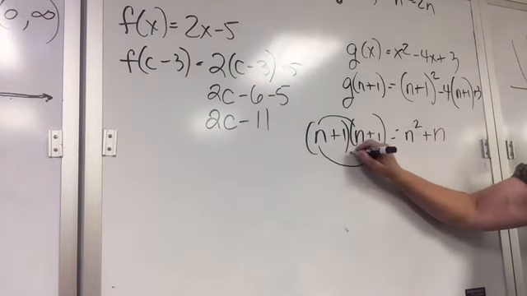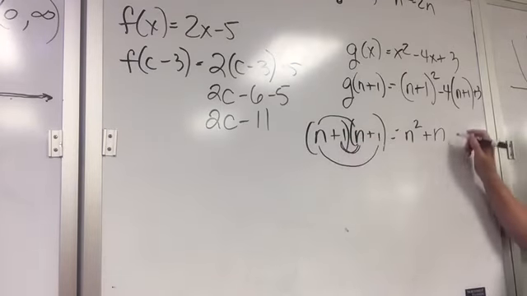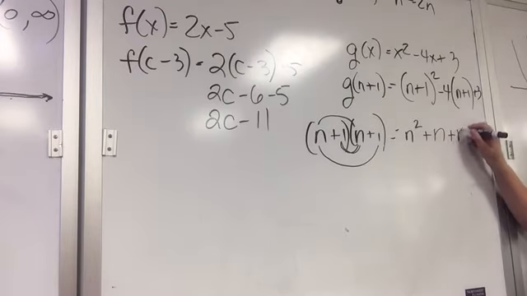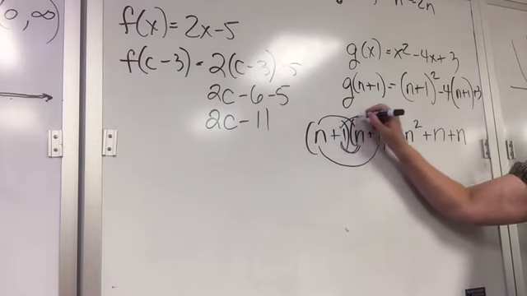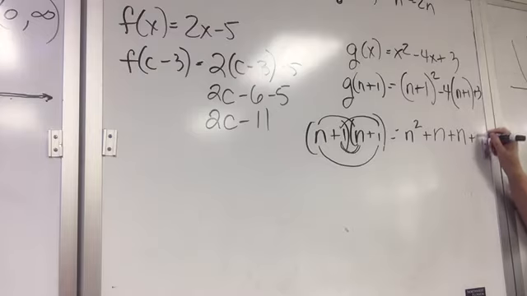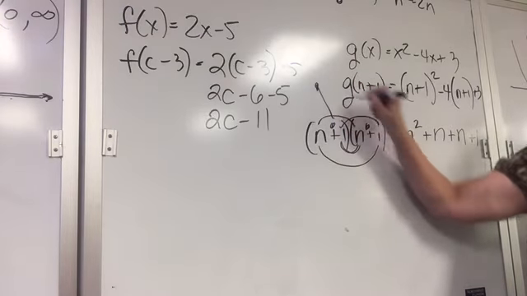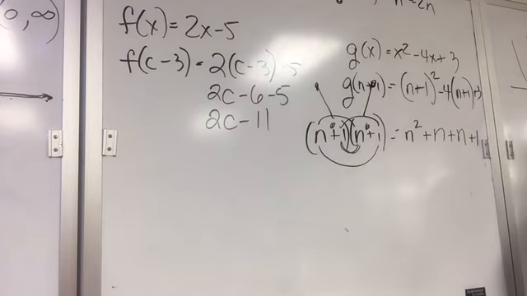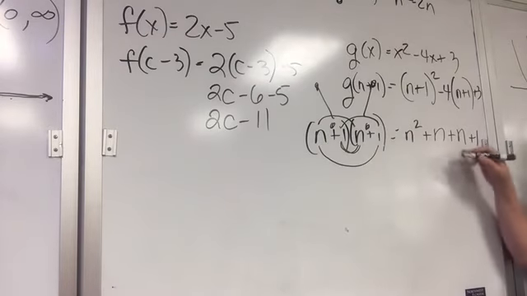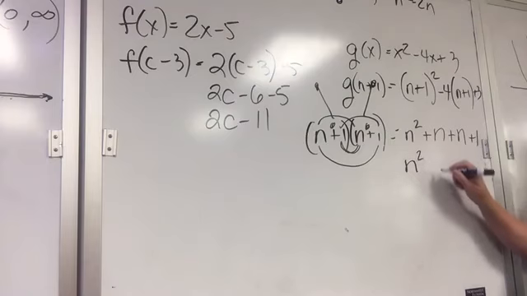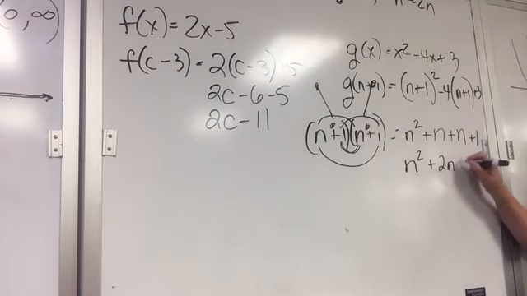Inside is 1 times n, which is n. And my last is 1. If you do it right, it makes my little favorite Martian guy. First, outside, inside, last, that's how you spell FOIL. When we simplify it, we get n squared plus 2n plus 1.